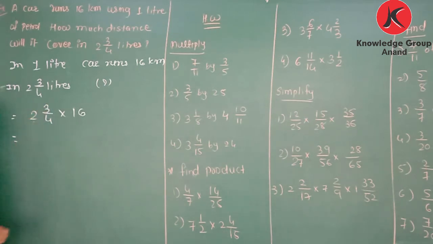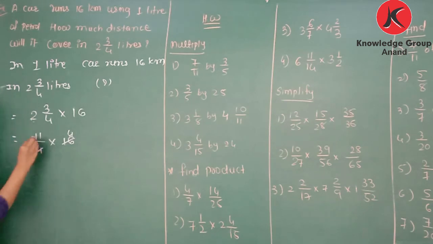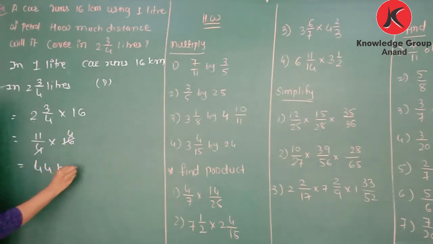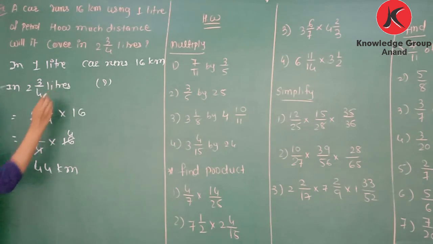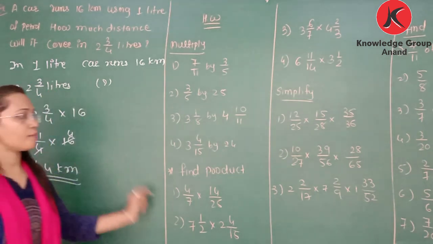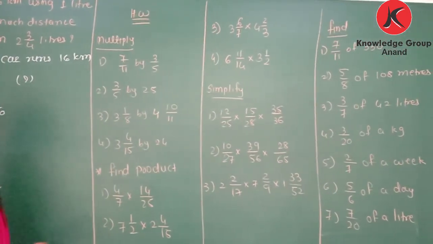So here first convert this into improper fraction. 4 2s are 8 plus 3, 11 by 4 multiply 16. Here you can cut, 4 4s are 16. 11 multiply 4 is 44 kilometer. Means if car can cover 16 kilometer in 1 liter, then in 2 3 by 4 liter car can cover 44 kilometer. Here some examples are given for multiplication of fraction that you need to solve.